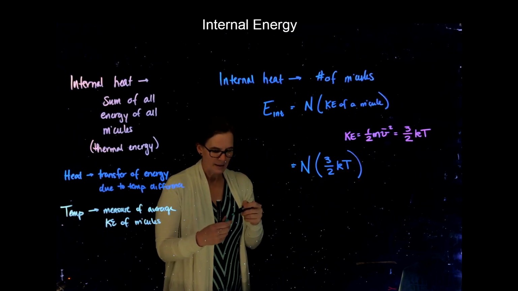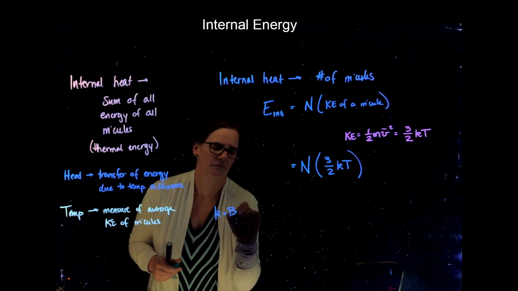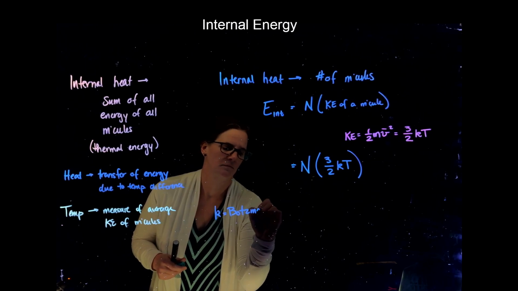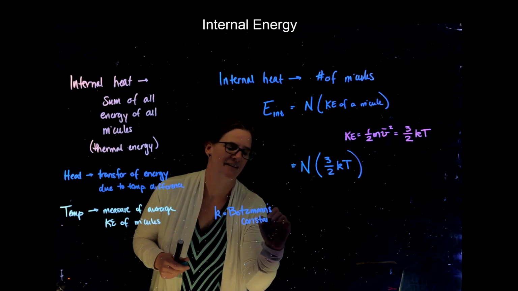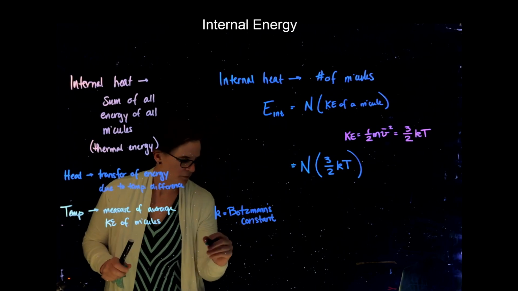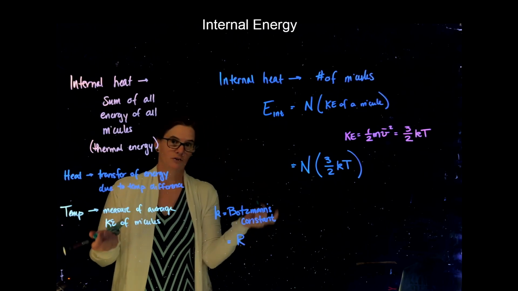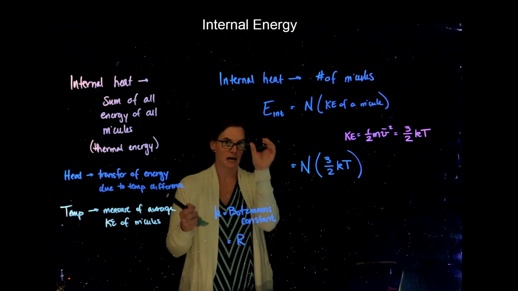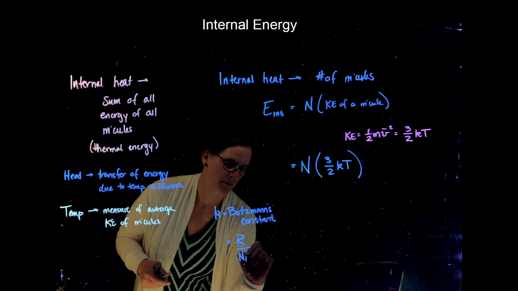And if we remember, k is Boltzmann's constant. It's a lot of reminding here, a short little kind of connecting all the dots. And remember that Boltzmann's constant is equal to R, the ideal gas constant, divided by Avogadro's number, right?